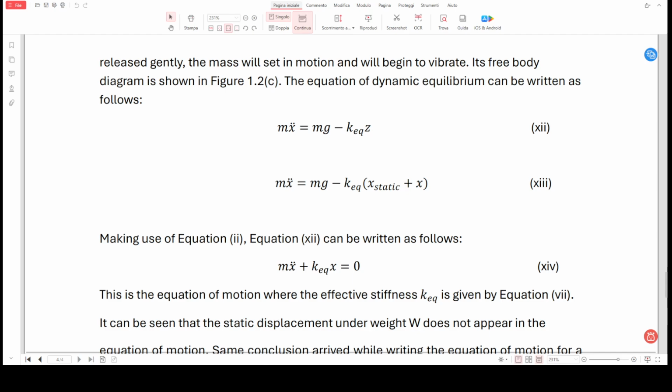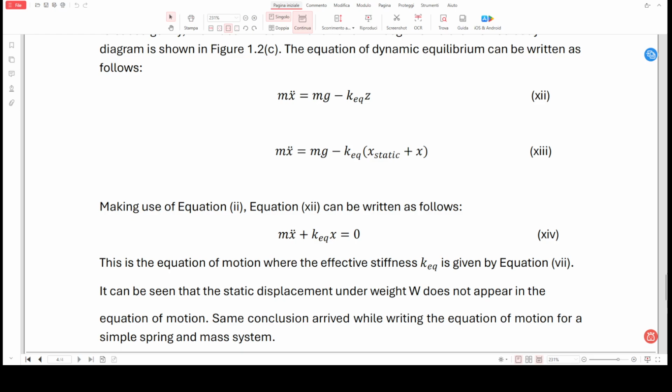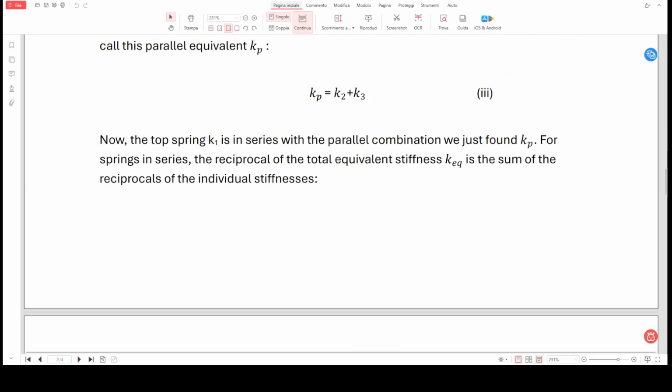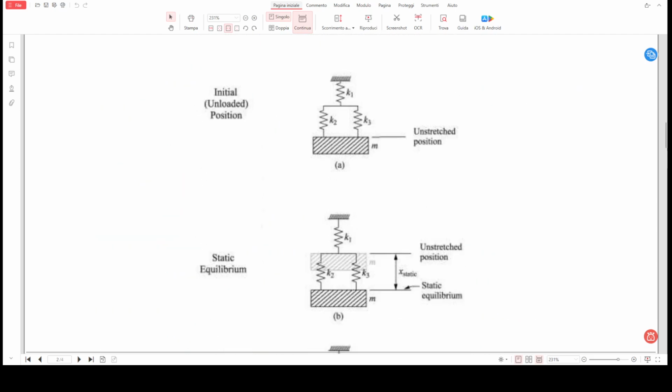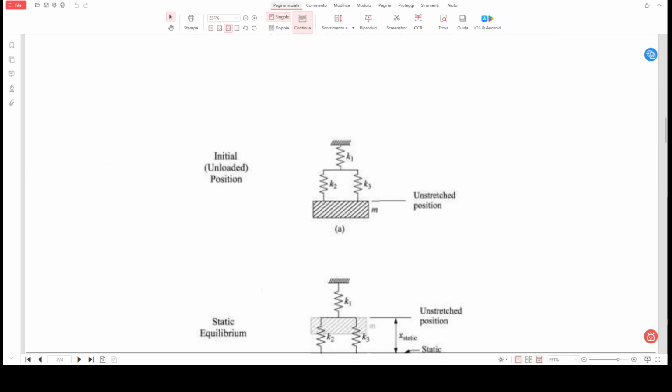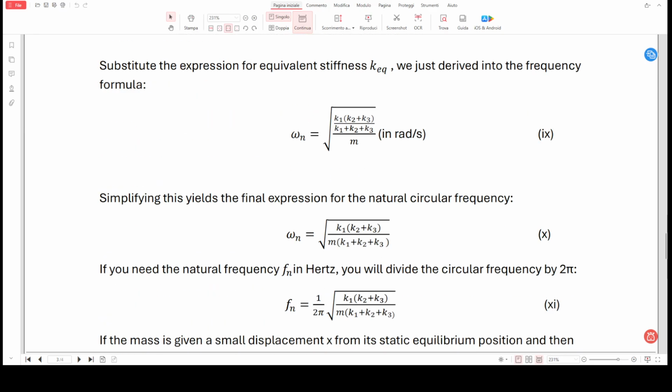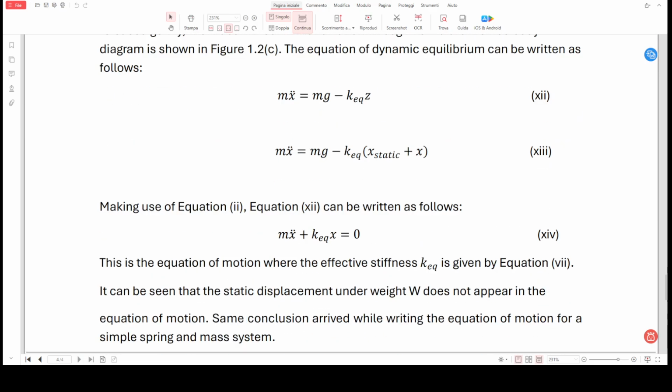So z is x static plus x, and using formula 2, we can rewrite it, and then finally the equation of dynamic movement is equal to m times the second derivative in t of x, plus kappa equivalent times the movement x, equal to 0.